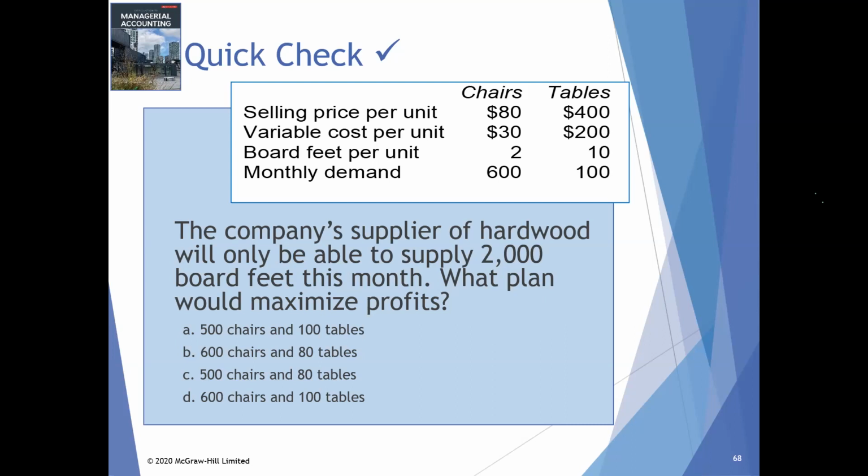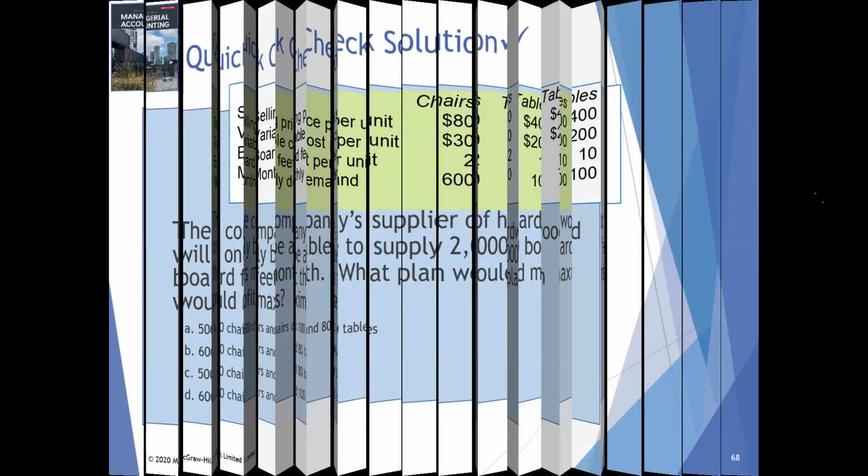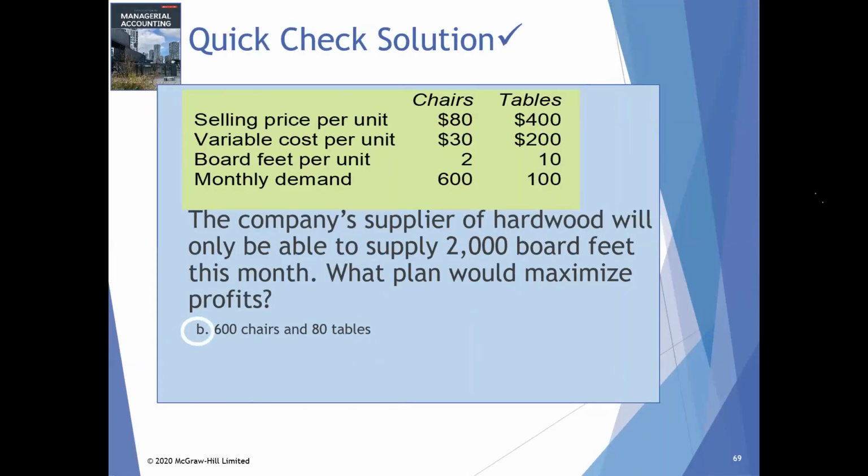First of all, we need to identify the limited constraint we have, the number of board feet. So we need to find the contribution margin per board foot for one unit. Then we will be able to calculate. Look at this, this is the right answer.